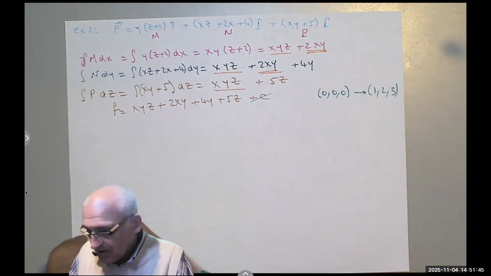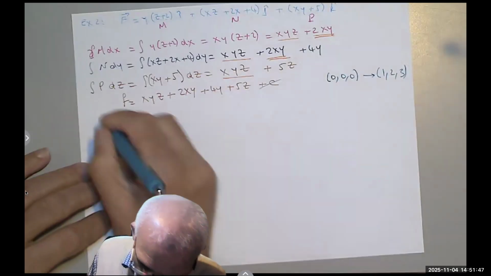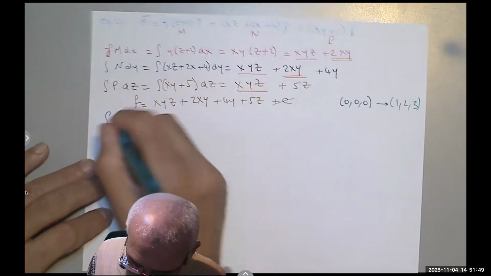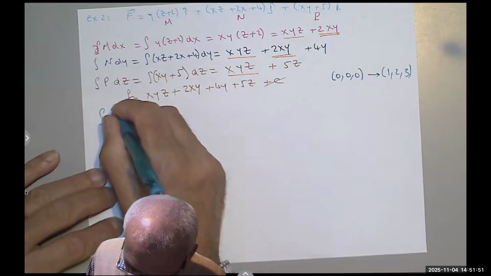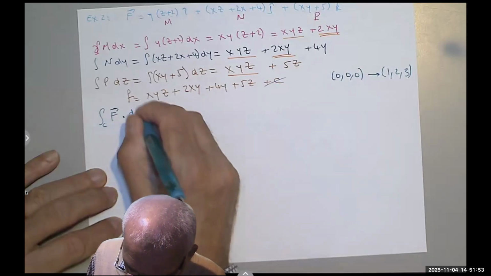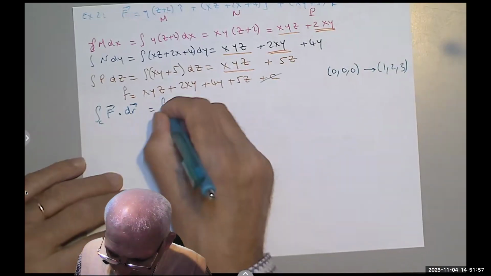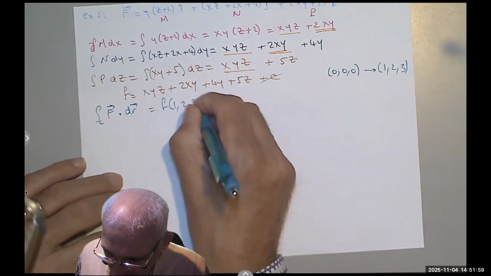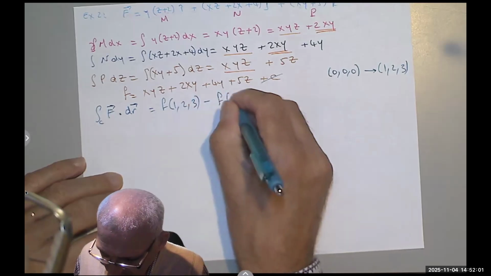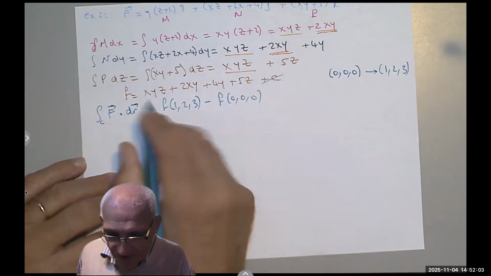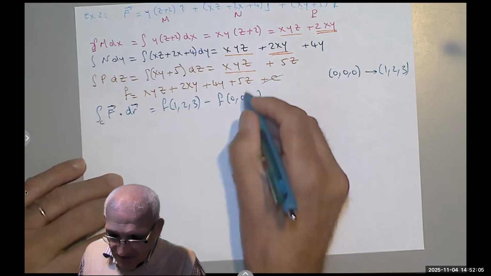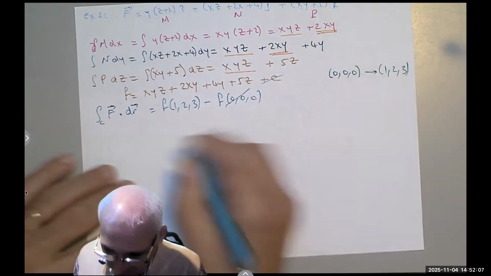And we want to calculate the integral along the curve of f dot dr. I say it's f of 1, 2, 3 minus f of 0, 0, 0, which is 0, because when you substitute with 0, this is 0. So it's only f of 1, 2, 3.